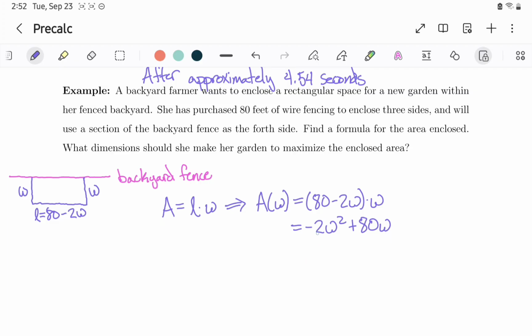So A is going to be -2. B is equal to 80.